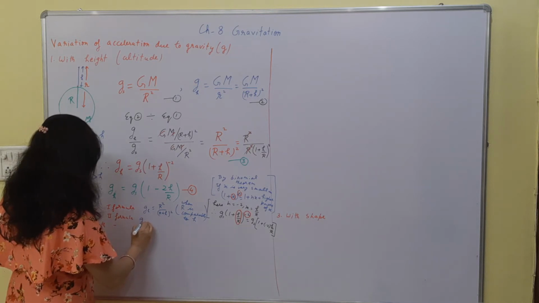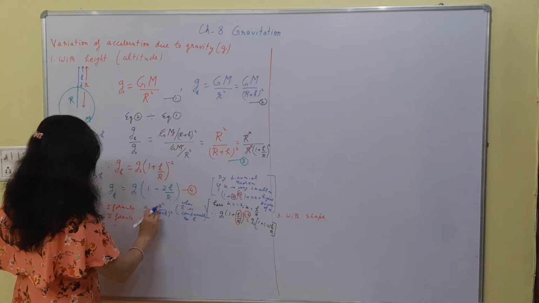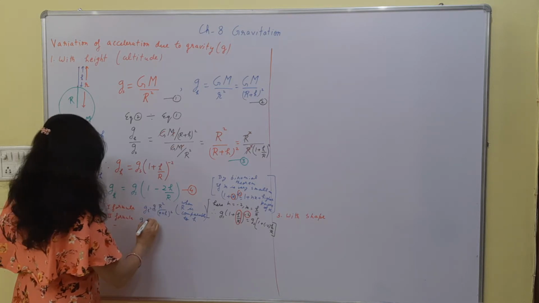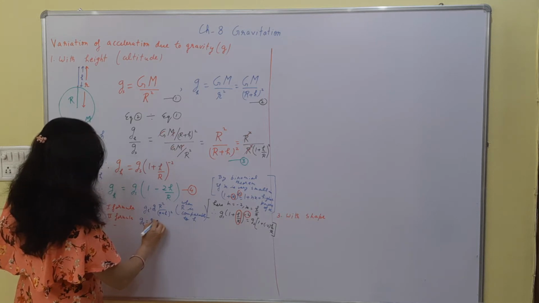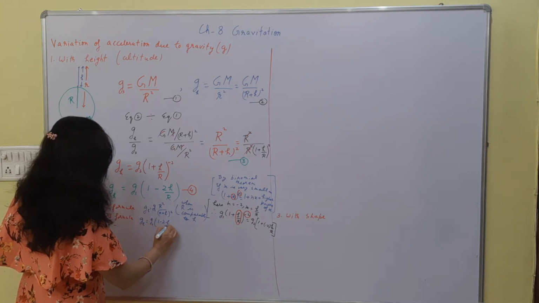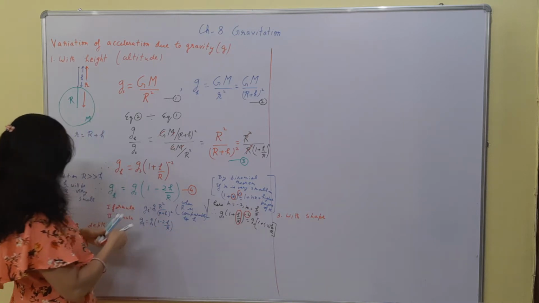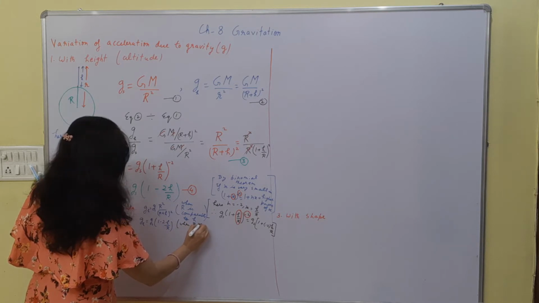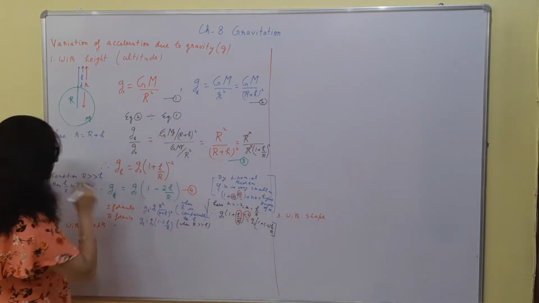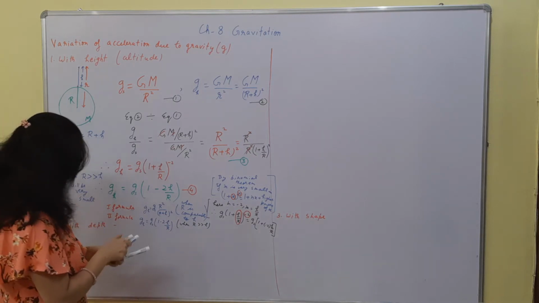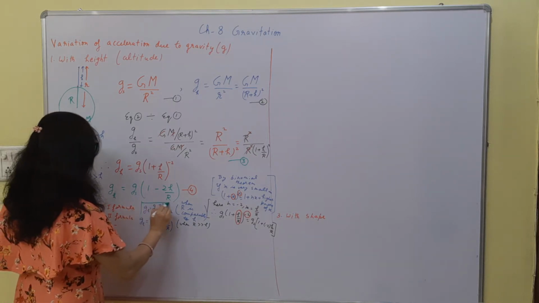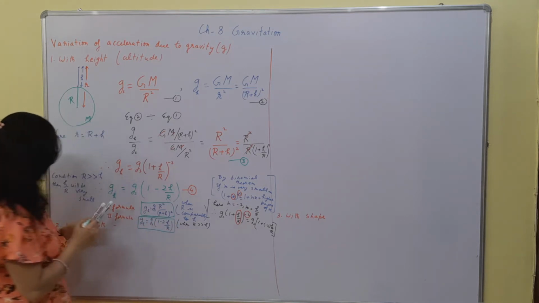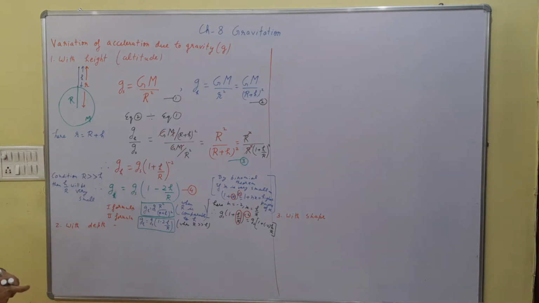And the second formula is g at surface multiplied by 1 minus 2h upon R, and this is applicable when R is very much greater than h. So these are the two formulas which I am placing in the box, right? So this was about the variation of g with altitude.